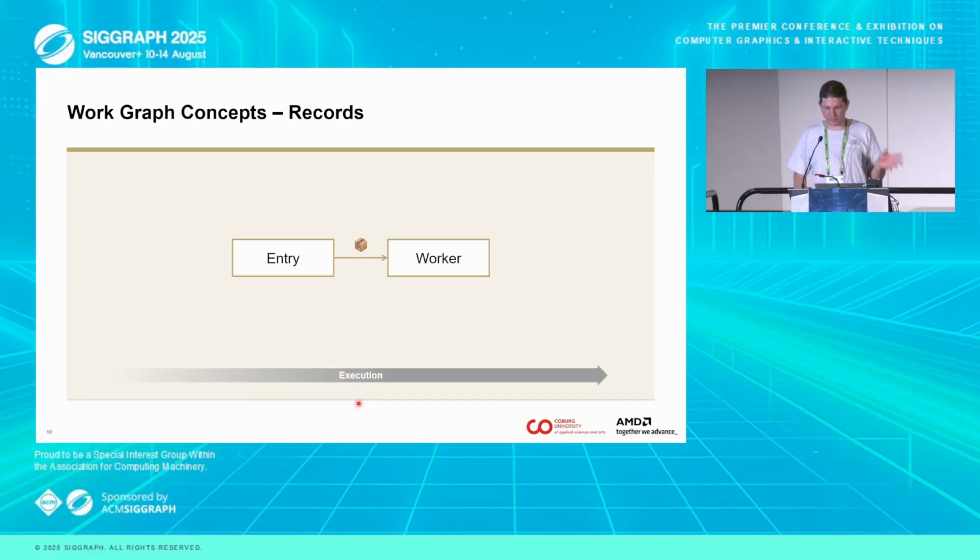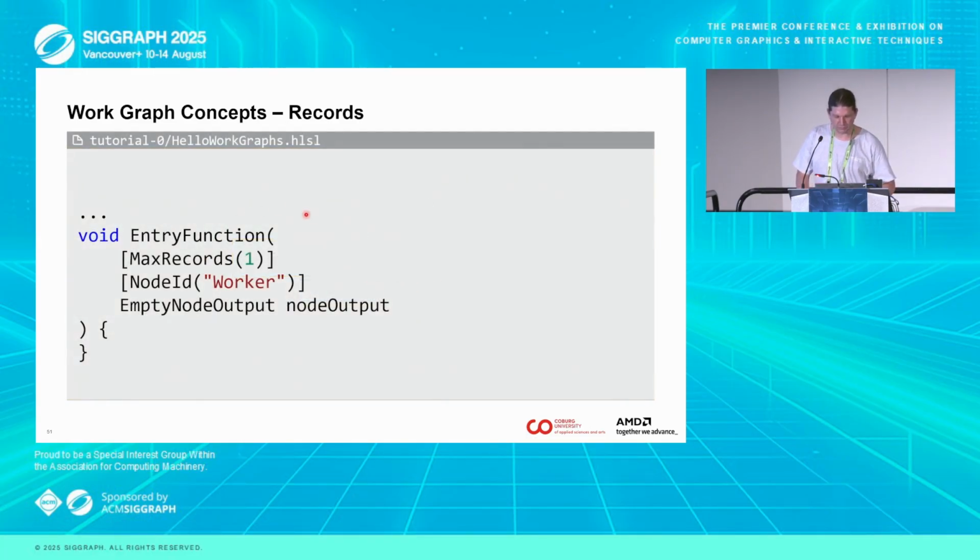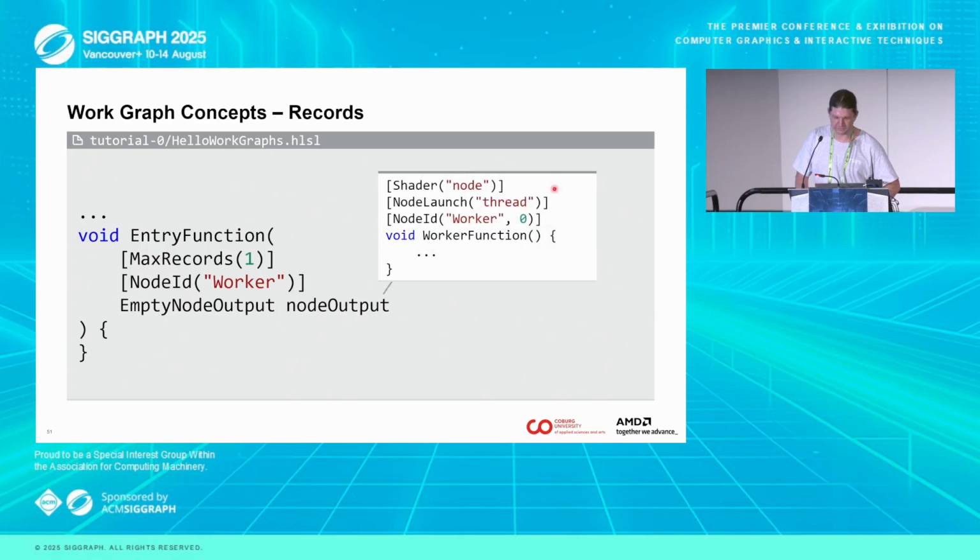So let's recap what Max has just said. We have our entry node, and the entry node sends a work item to the worker. And that's essentially a record as part of a node output. And how did this work? We have our entry function here, and we have a node output here, and we say to the work graph subsystem we would like to send this node output to another node which is named worker, and we have declared another node here with the node ID worker.